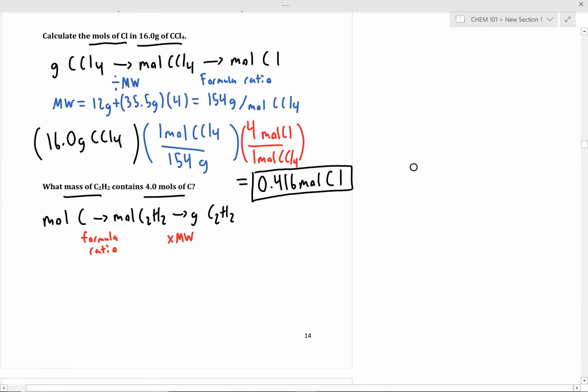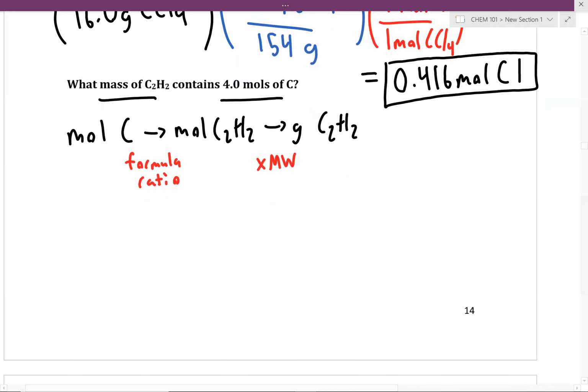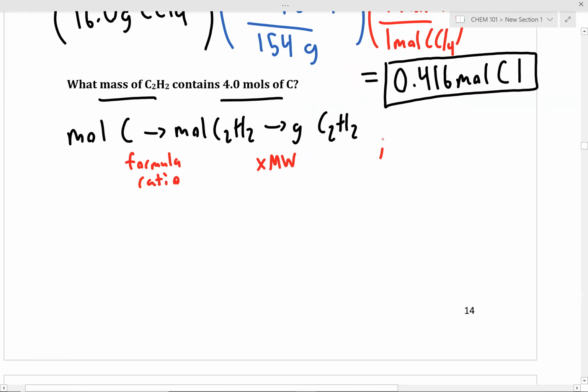Okay, let me just zoom in to give us ample space for this next problem. Now that we have all of this information in hand, let's do a quick molar mass calculation. So what is the mass of carbon? 12. Okay, so we're going to take 12.0 grams times 2, because we have how many carbon atoms? 2. What is the mass of hydrogen? 1.